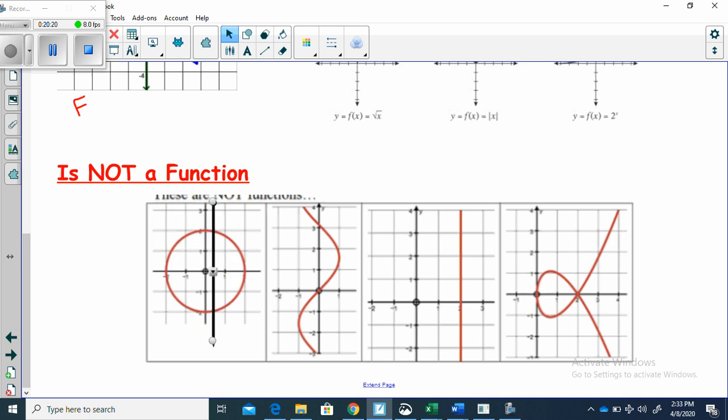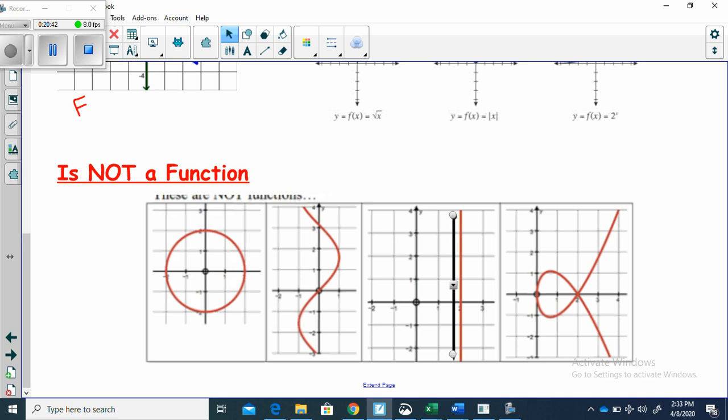Everywhere along here, it's intersecting that circle at 2 points. How about this line? Notice when I get right here, I'm intersecting that at 3 points. That red curve, I'm intersecting it at 3 points. Here, I'm intersecting it at 2. Okay, so that's more than 1. It can never intersect it at more than 1.